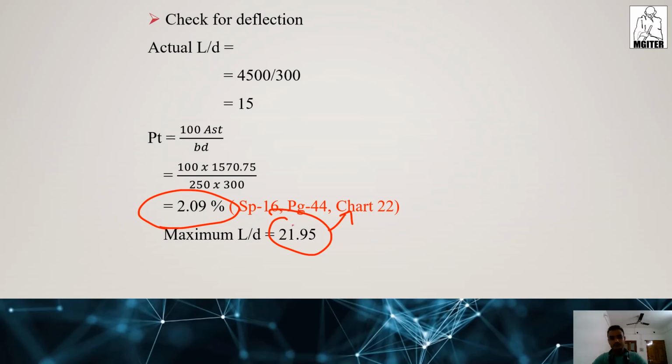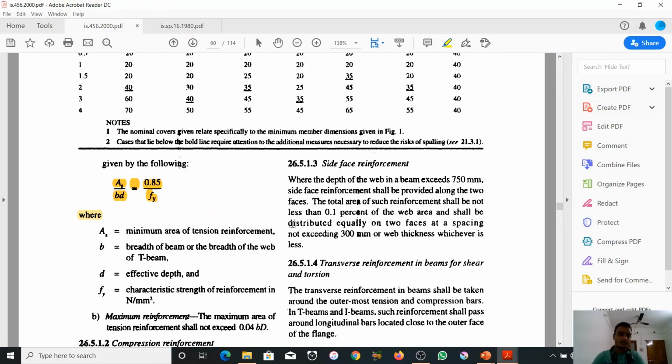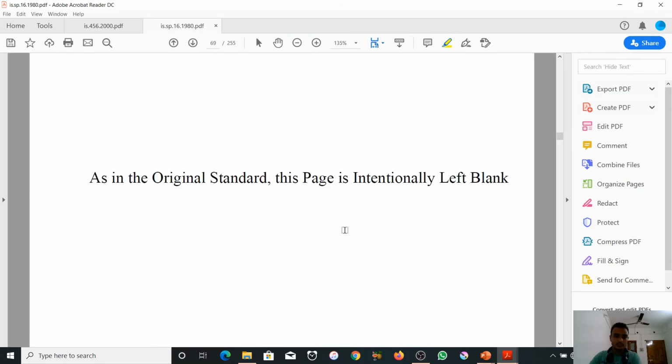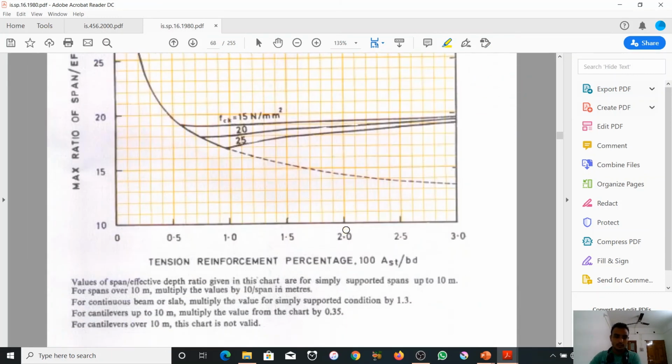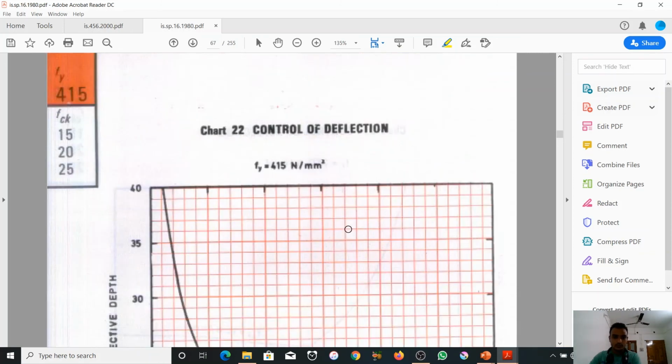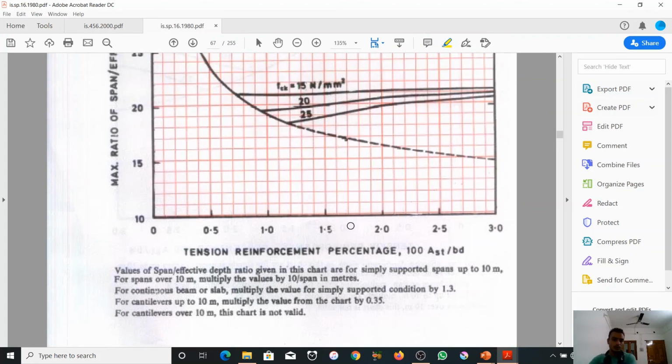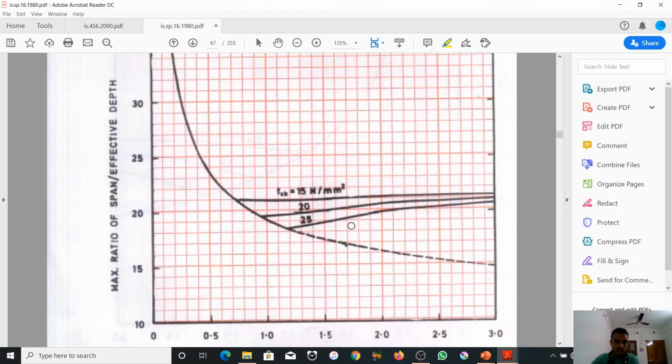By the chart SP 16, page number 44 and 45. Here is 44, look at here, this is the graph. We find the maximum ratio of span and effective depth. By this graph, fck is 25.